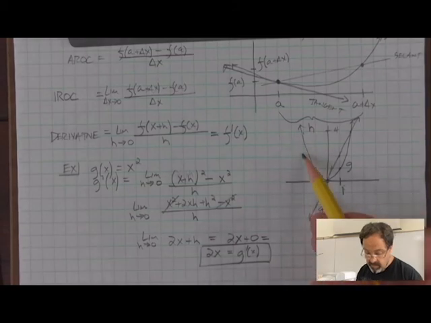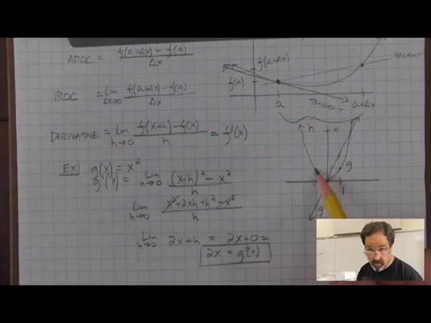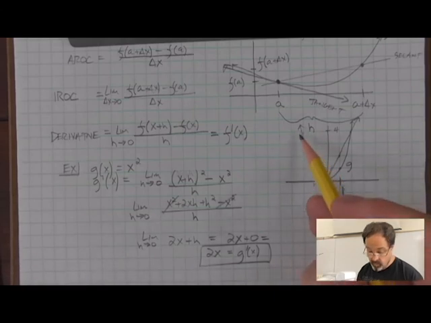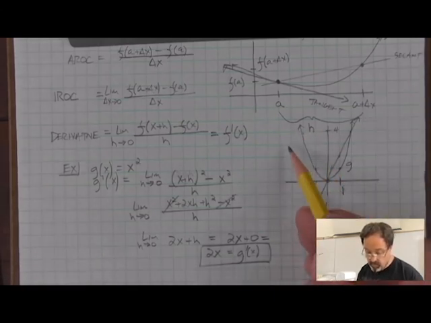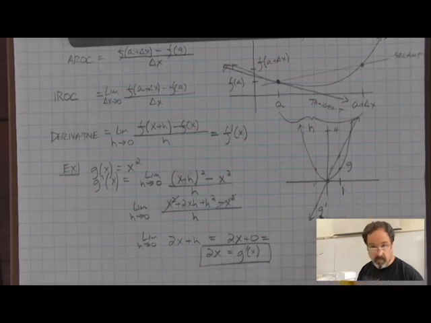If I drew a tangent line to the curve of g at -1, the slope of that tangent line would be -2. And this works for every value of x. The relationship between g and g prime is that g prime is always the slope of the tangent line, the instantaneous rate of change of g at that same value x.